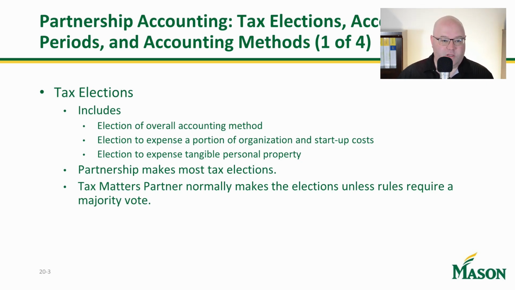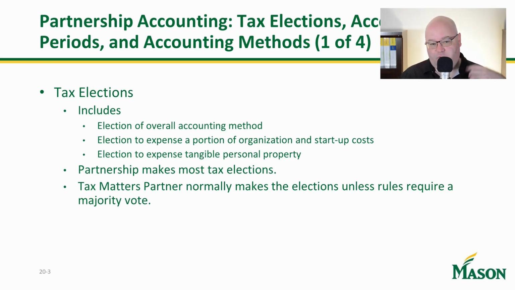And then there's also the election to expense tangible personal property under 179 or 168, where we're doing the bonus depreciation. Again, that one I think could get you into more trouble than others.